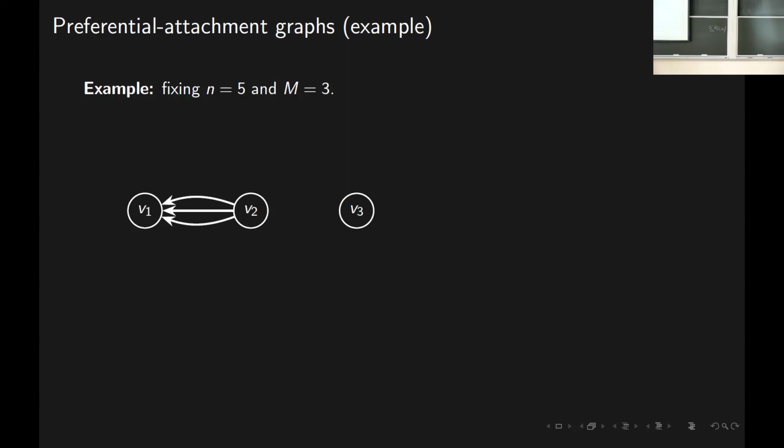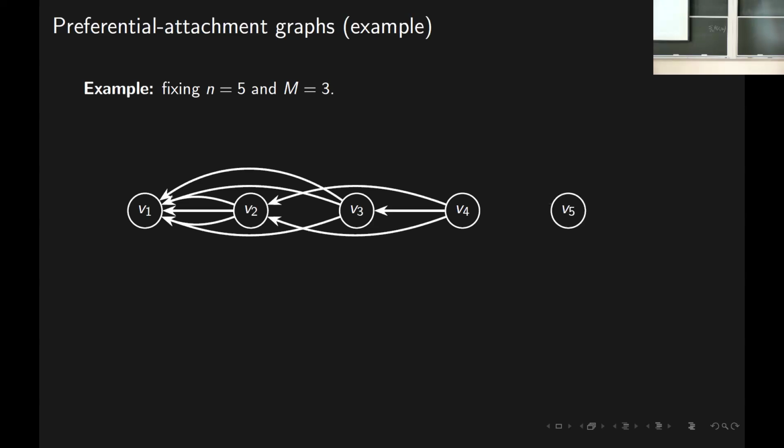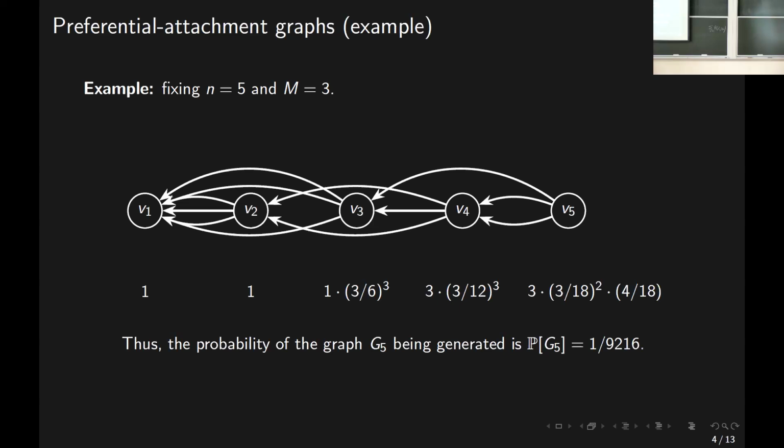So it has a probability of 3 over 6, and likewise for v2. Suppose that v3 directs all the edges to v1, it really likes it. For v4, we also direct m edges from that vertex to its preceding vertices, and we do the same for v5. So we can also derive the probability of this very specific graph to arise from this model.